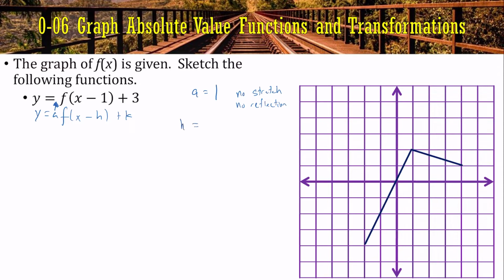But h is 1, which means we're moving 1 to the right, because notice it's minus h, it's minus 1. And k is 3, which means we are moving 3 up. So I'm going to move every point 1 to the right and 3 up.